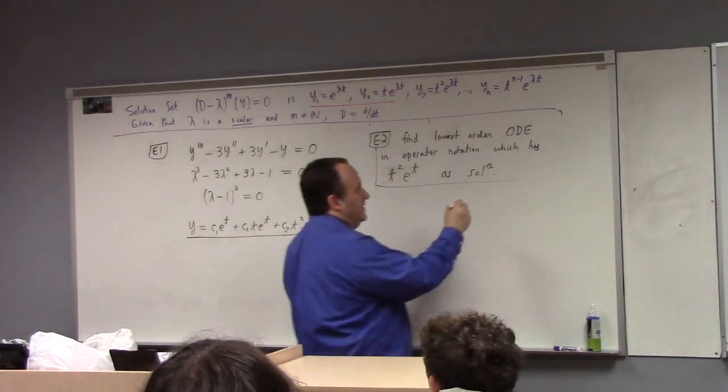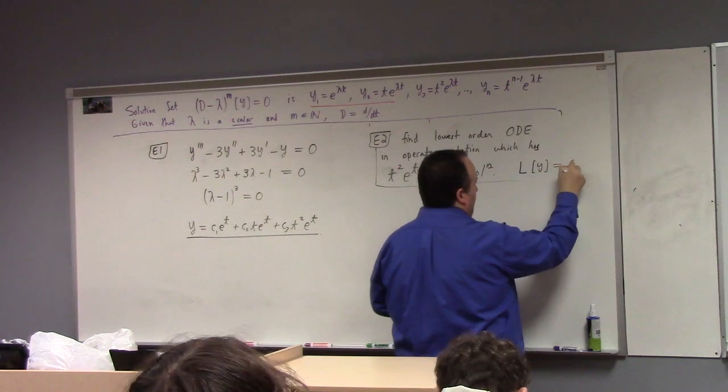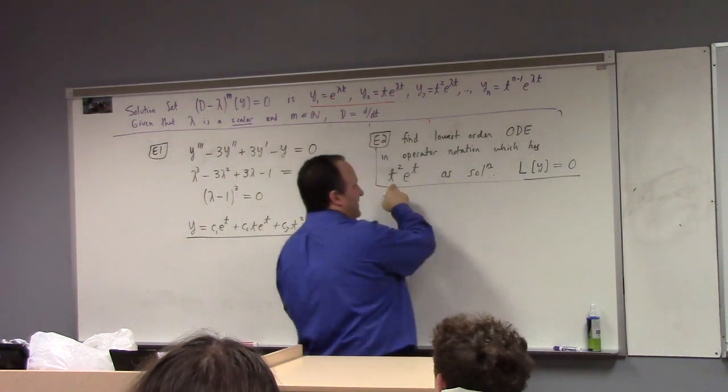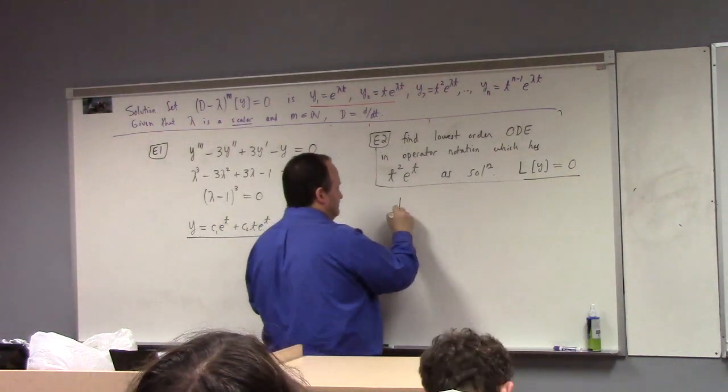So in other words, I want you to tell me L such that L of y equals 0 has that as a solution. What's my L? L equal to what?